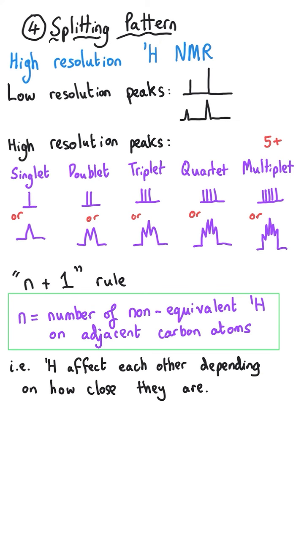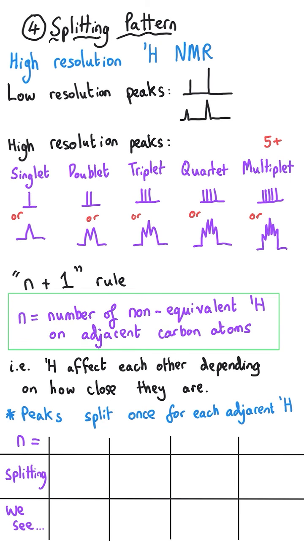But these non-equivalent protons actually affect each other, just in the same way that conventional magnets would interact with other conventional magnets. And so every time one of these protons interacts with another non-equivalent proton, the peak splits from the simple single triangle into either a doublet, a triplet, etc. And so it splits once for each of these non-equivalent protons on adjacent carbon atoms.